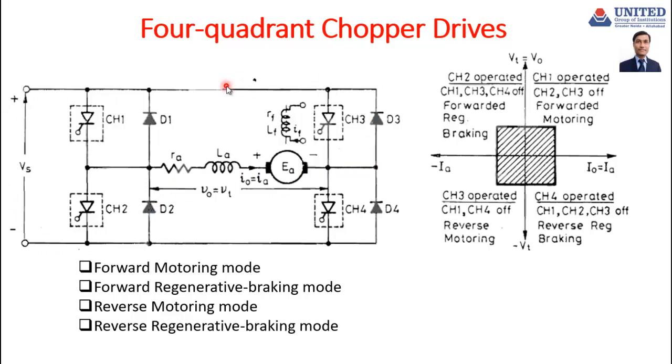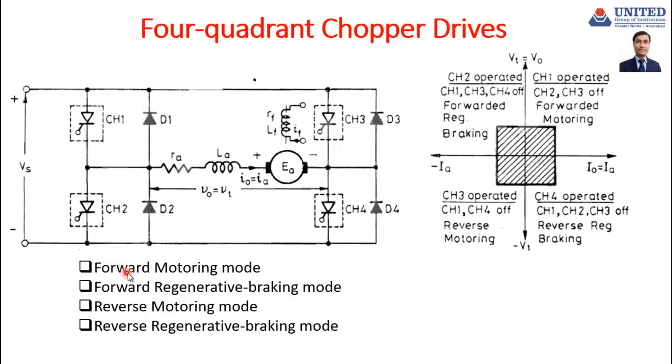Now let us see the forward regenerative braking mode operation. In this operating mode, the motor works as a generator. The induced EMF of the motor is greater than the input voltage.